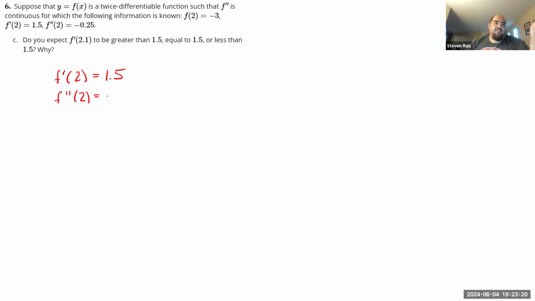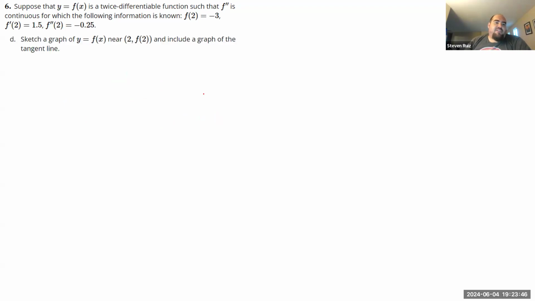We know that it is negative 0.25, which is less than 0, which means we would expect the derivative to be decreasing. So I could say that f prime of 2.1 is most likely to be less than 1.5, and that is all because f double prime of 2 is a negative number.